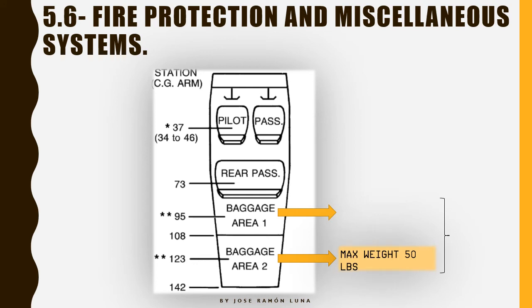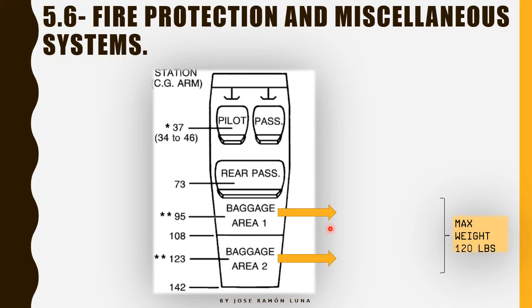The maximum weight of the baggage area 1 was 120 pounds. The maximum weight of baggage area 2 is 50 pounds. But both of them combined are 120 pounds. Which means if this area is fully loaded, 120 pounds, how much weight can you put in by this area? Exactly, nothing.